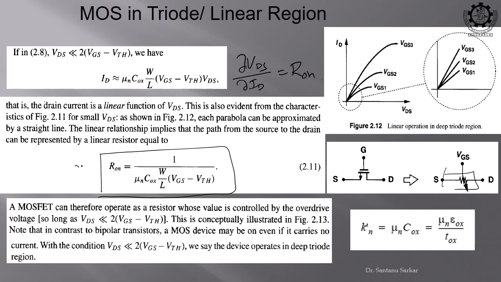Okay. This R on is important because in all digital circuits, if you want to calculate the delay of your logic gate, you have to calculate this R on. Okay. So, now another question that you can also answer: why in digital circuits do you go for a minimum size or minimum length transistor? Your R on is proportional to L by W. So, you should reduce R on as low as possible, and to do that you should use the minimum length, because in digital logic your transistor is operating like a switch, and if it is a switch, it should either be turned on or off.